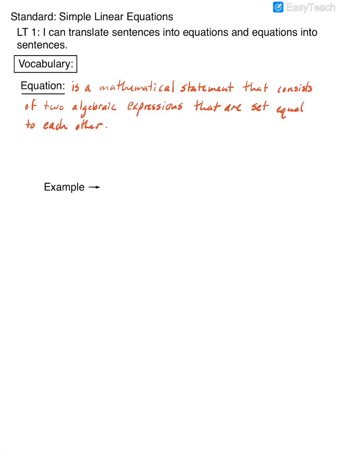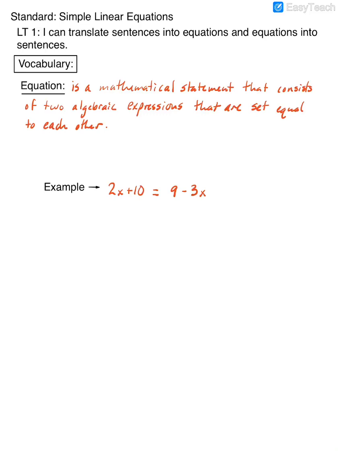Okay. So an example of that would be if I had 2x plus 10. That's one algebraic expression. Another side said 9 minus 3x. And then in between the two, you had an equal sign. So you would read 2x plus 10 equals 9 minus 3x.